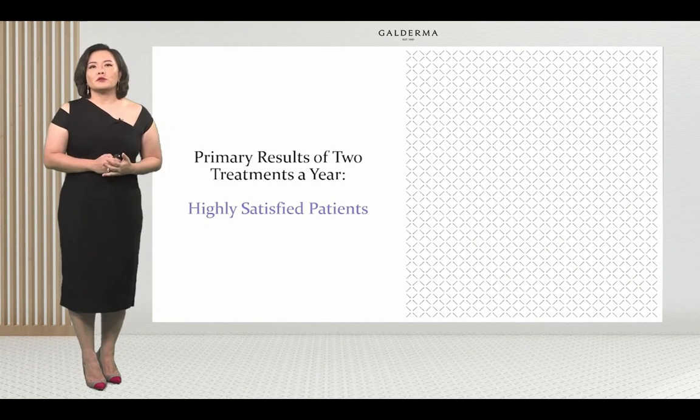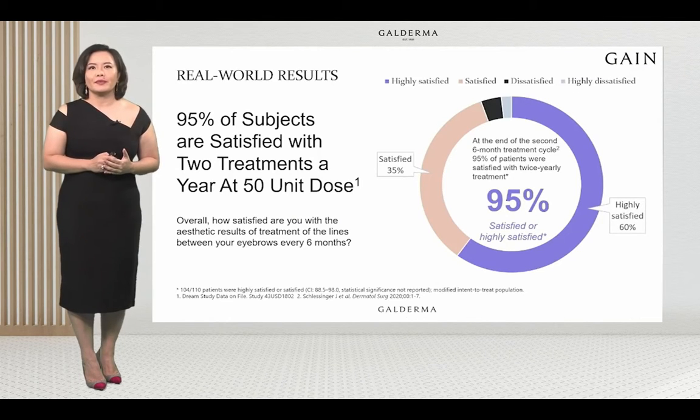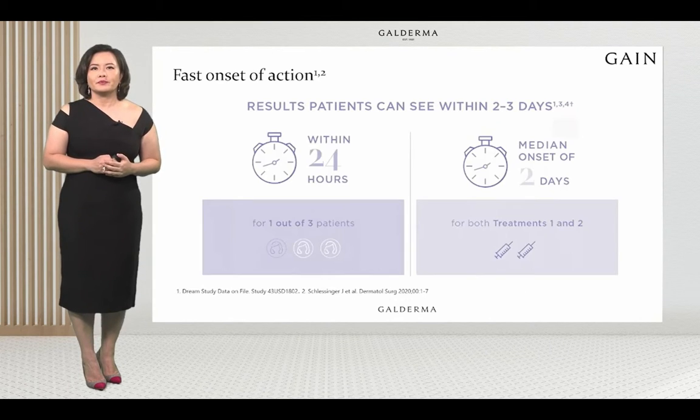The primary result of this study was highly satisfied patients. In fact, 95% of subjects were satisfied with the results at 2 treatments a year at 50 unit dose per treatment.